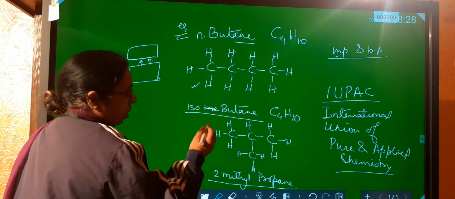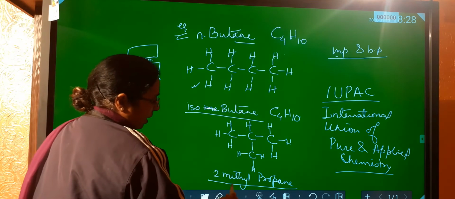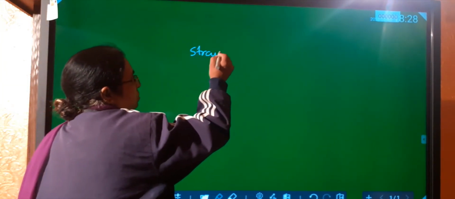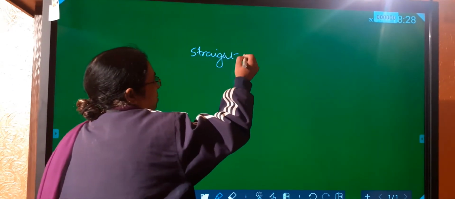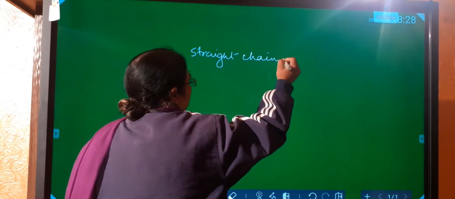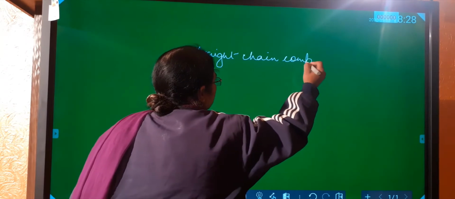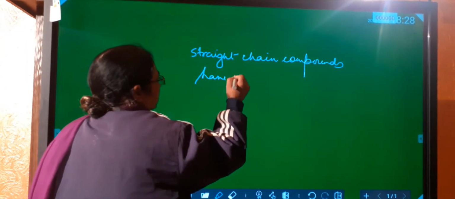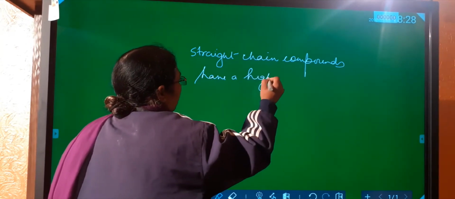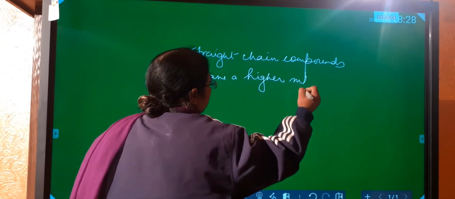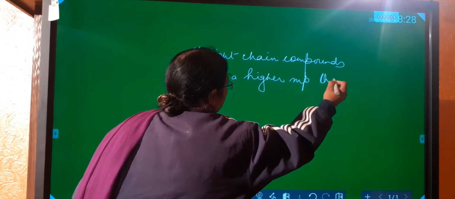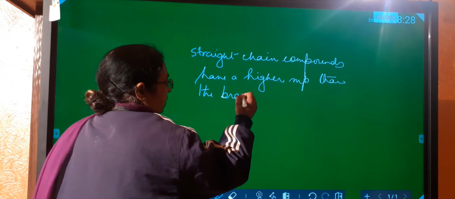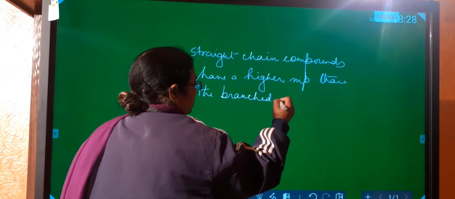So therefore, what we can write? We can write that the straight chain compounds have a higher melting point than the branched chain compounds.